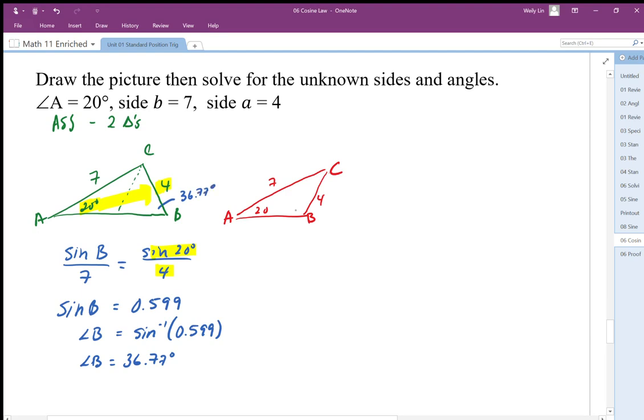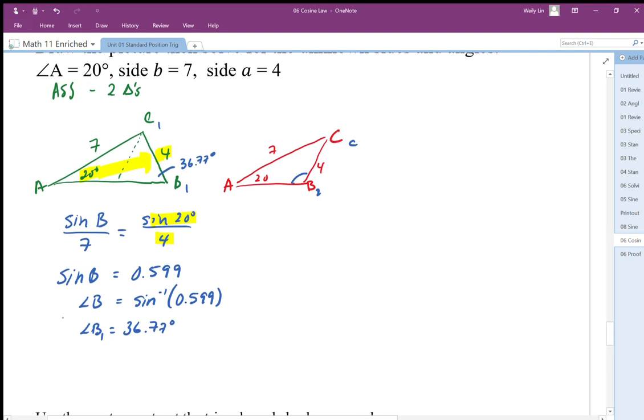So this angle B is related, though. I'm going to call this B2, and this is B1. That's going to be B1, A1, C1, A2, C2. Actually, A2, we don't have to worry about because A is the same. So when I solve for B2, I'm going to have to do that over here. Angle B2 is going to be the supplement, so I'm going to do 180 minus that angle, which is 143.23 degrees.